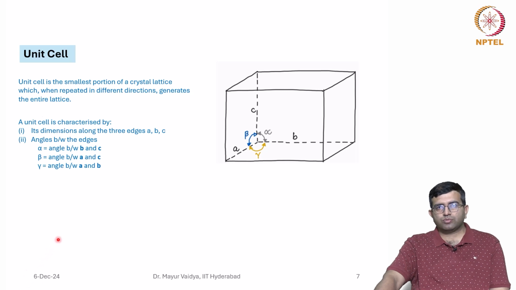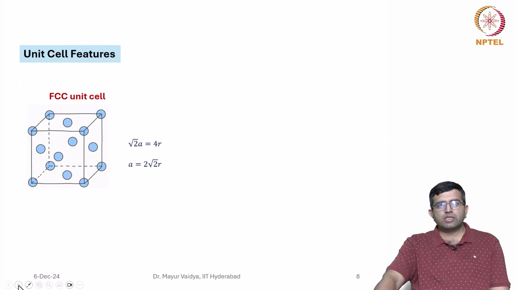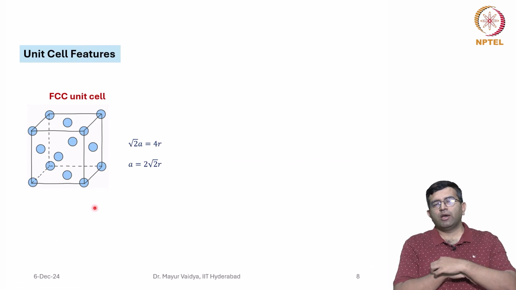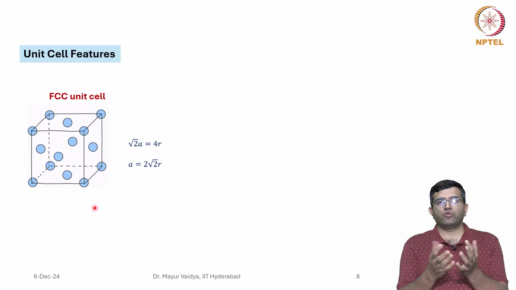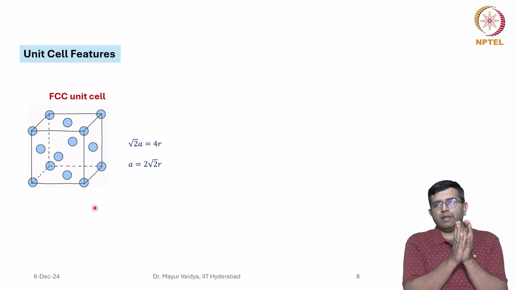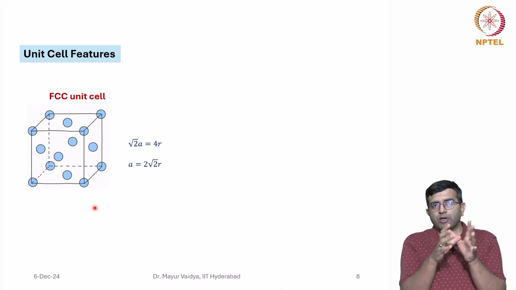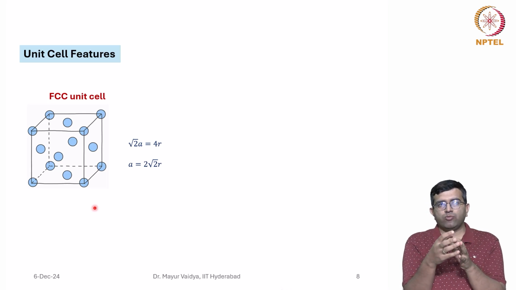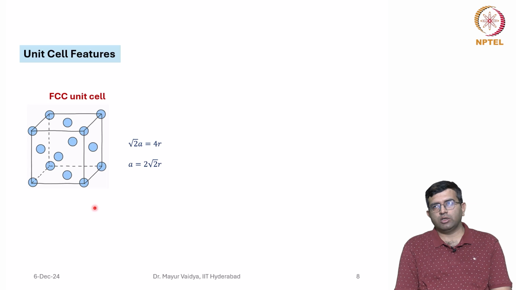So, this is how it is defined. Some of the features of the unit cell: it is often a point of interest to look at the relationship between the lattice unit cell parameters and the atomic radius, because that is different for different unit cells.